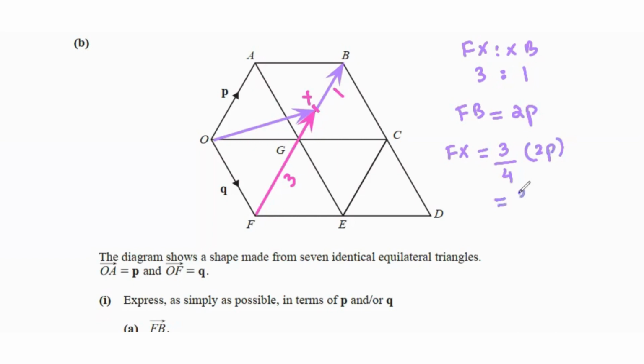That's going to be 3/2 times P, which means OX is OF plus FX, which is Q plus 3 over 2 P. And that's how you get your OX vector.